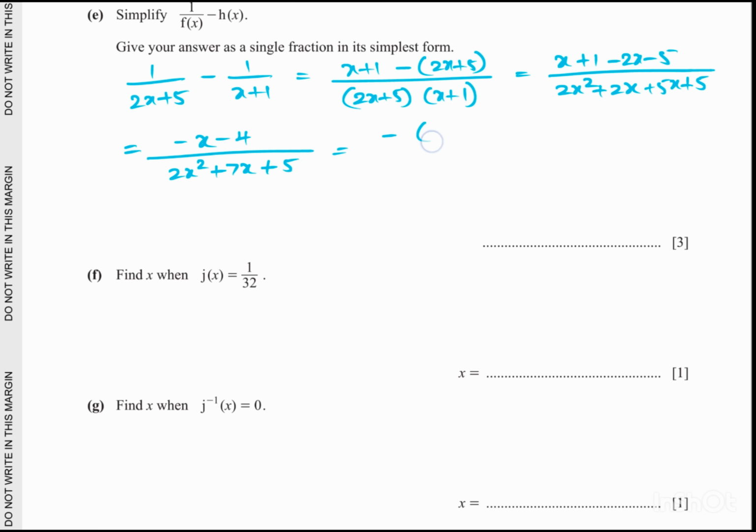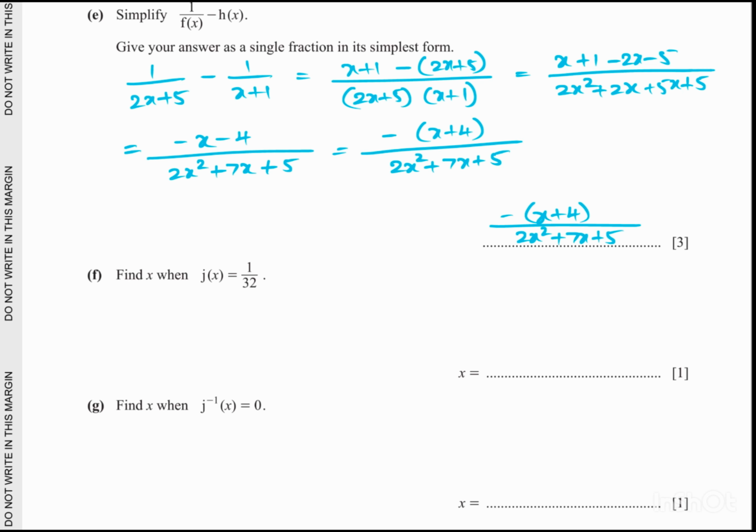Taking minus common in the numerator, you can write in brackets x plus 4, and in the denominator it is 2x square plus 7x plus 5. This will be the simplest form for the given calculation. So minus x plus 4 by 2x square plus 7x plus 5 is the answer.